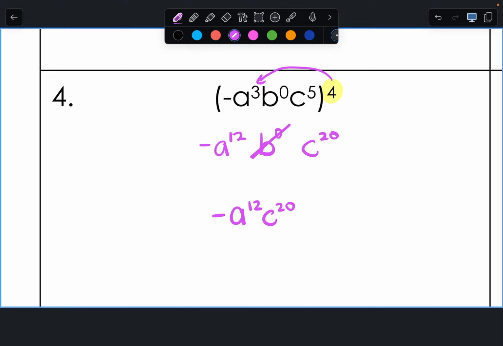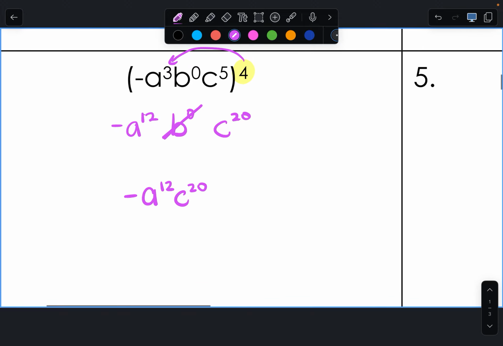If there are other parts to the answer, you can cancel it out. But if an exponent of 0 is the only thing in the problem, you need to keep the 1.